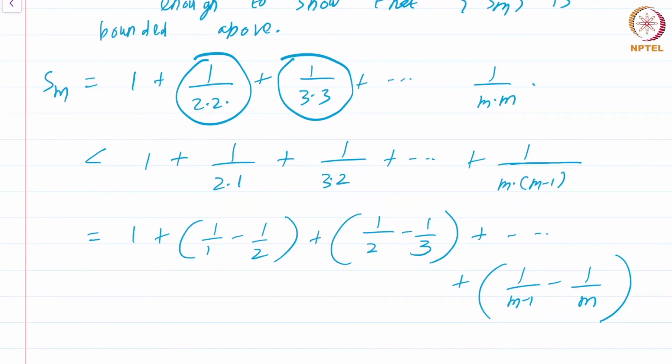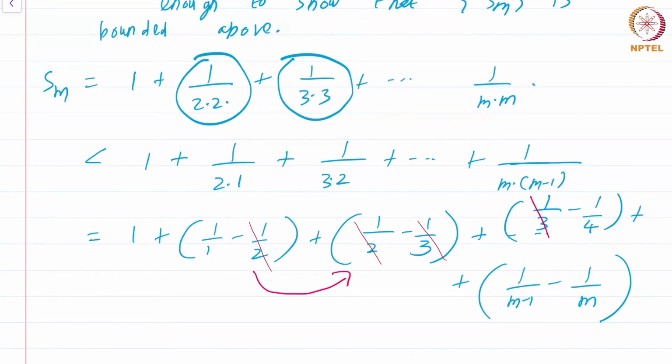Well, zoom in and you will notice something happening. Let me just write the next term so that I can cancel it. So this will be 1 by 3 minus 1 by 4 plus... Now I can cancel it. So on, you see that the second term will get cancelled with the first term of the next part, right?